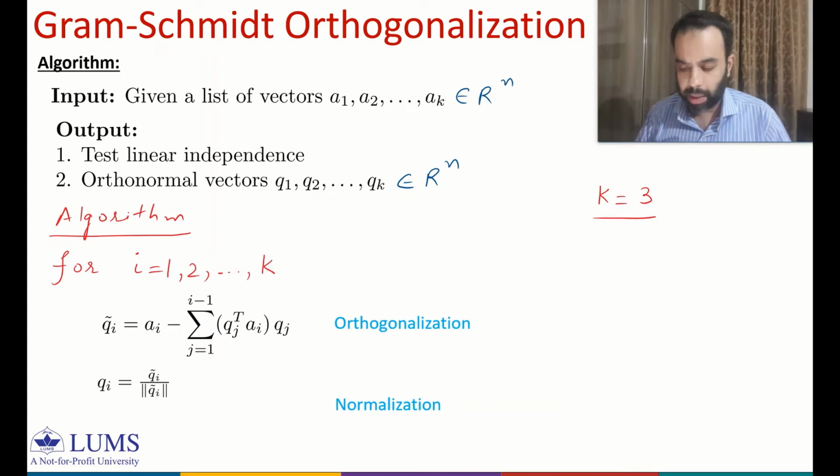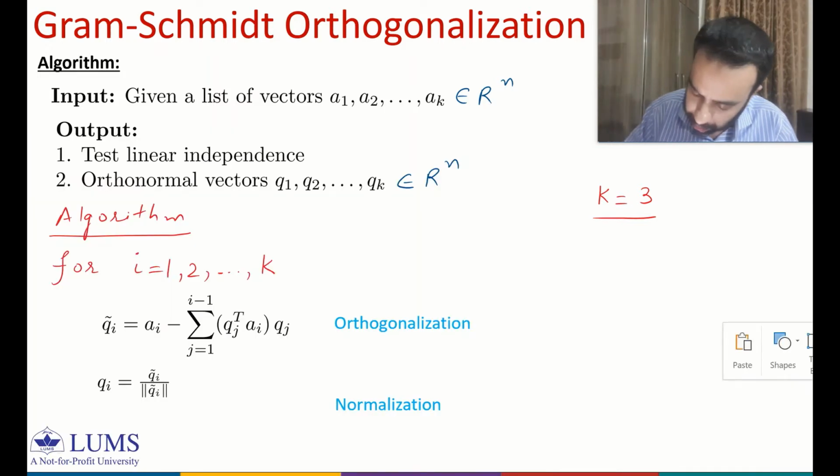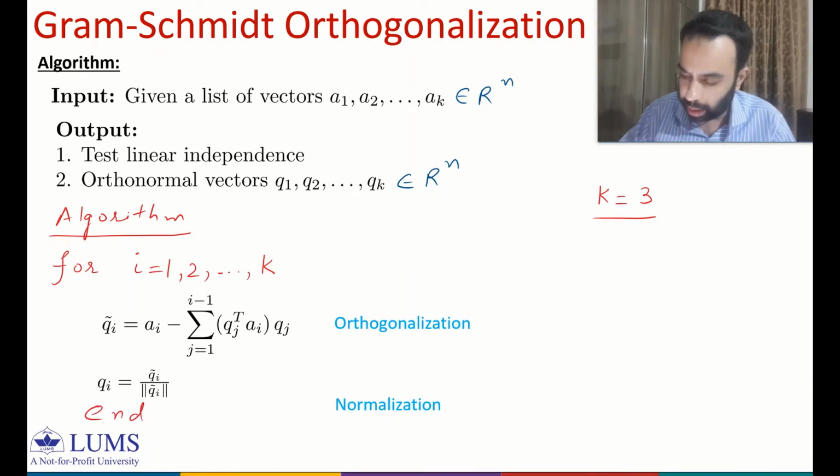So we have three non-orthogonal vectors a1, a2, a3, and we run this two-step Gram-Schmidt process for i equal to 1, 2, and 3.